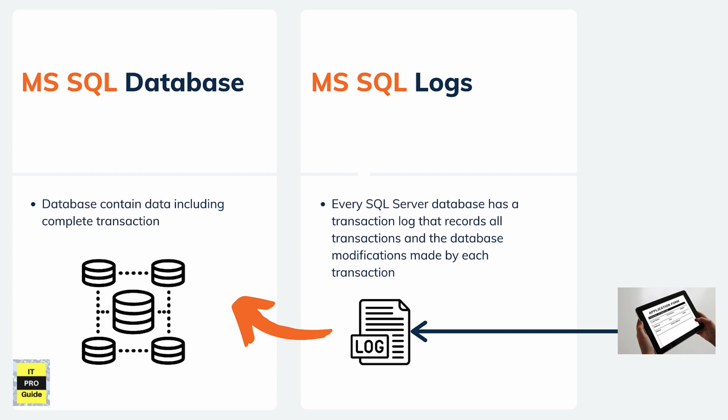Before I go to each database high availability feature, let's talk about database and logs. In a database server, when you install Microsoft SQL database and you start writing data into the database, you will have a database file and logs. So whenever you update a transaction to the database, it first writes to the transaction logs, then the completed transaction to the database. Each transaction is recorded in the logs.